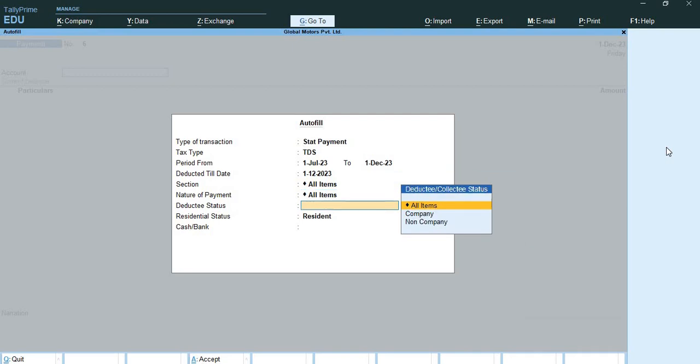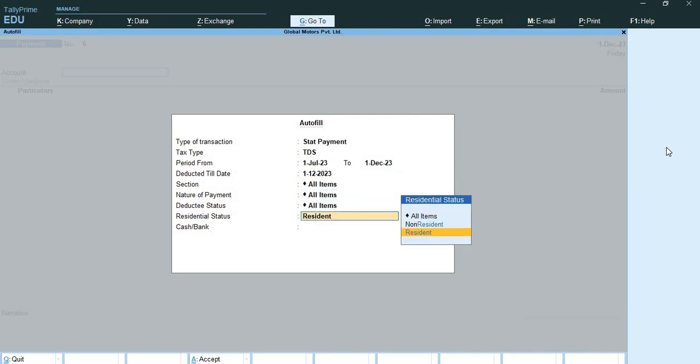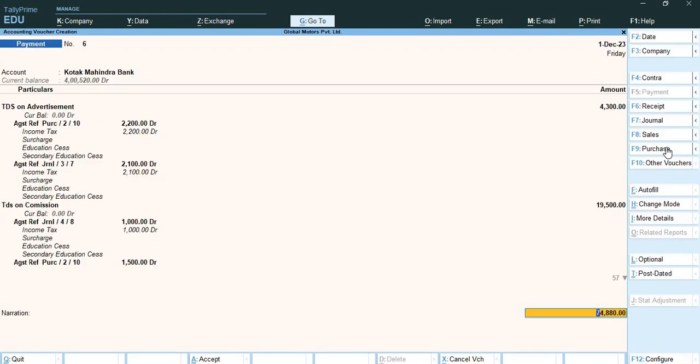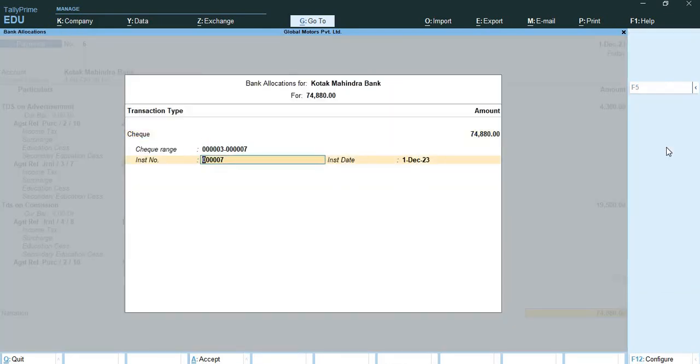Deductee status, I'll select all items. Residential status will be all items. And cash and bank through Kotak Mahindra Bank. So you can see that my total tax is 74,880, of which I'm going to pay 2000.